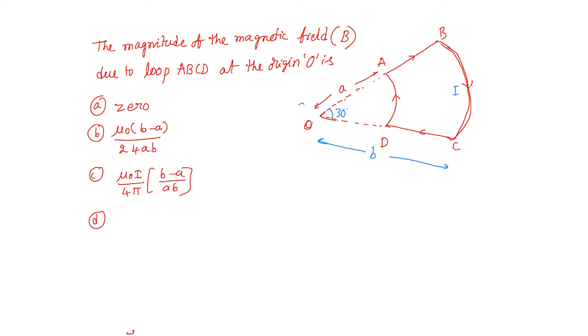Option D, mu naught I divided by 4 pi into 2 into B minus A plus pi by 3 into A plus B. Okay, copy that. Try.